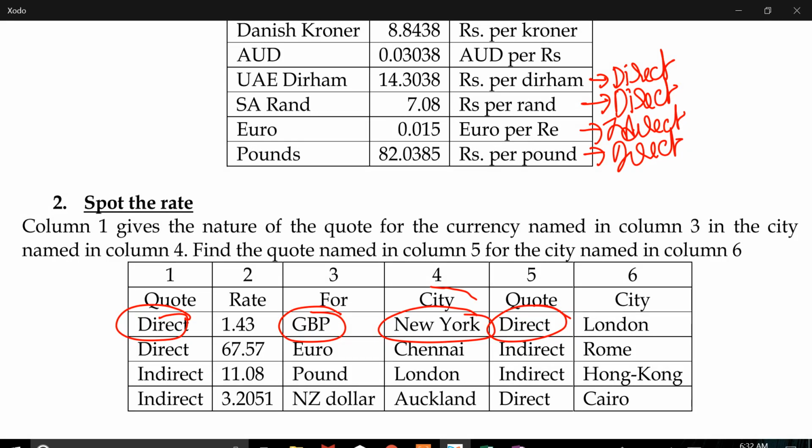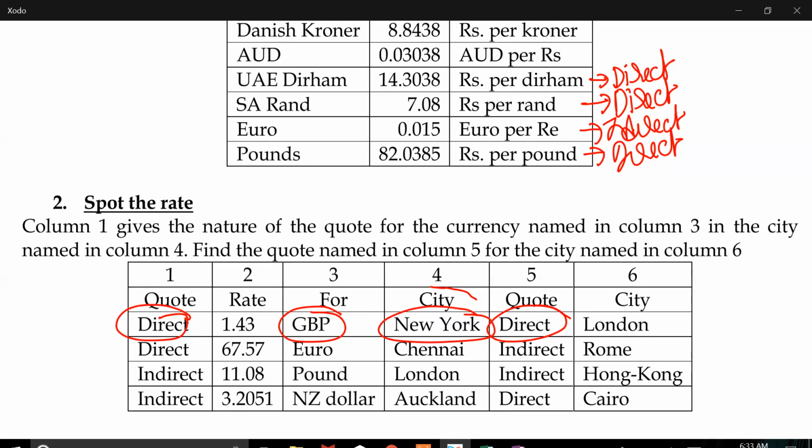USD 1.43 per GBP is the given quote. Done? Any doubts on this?